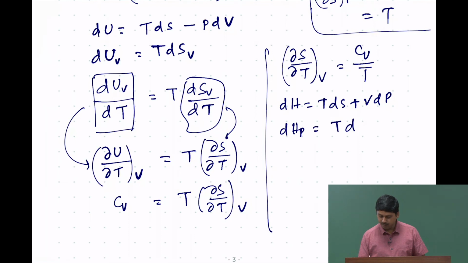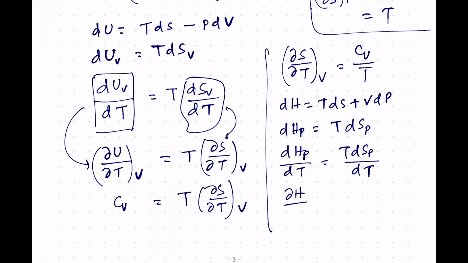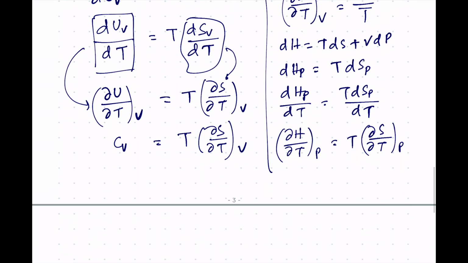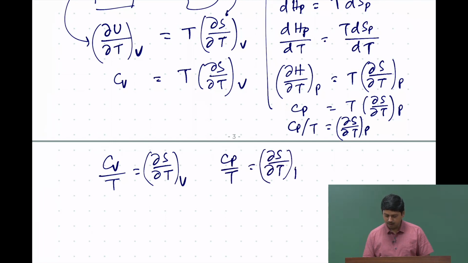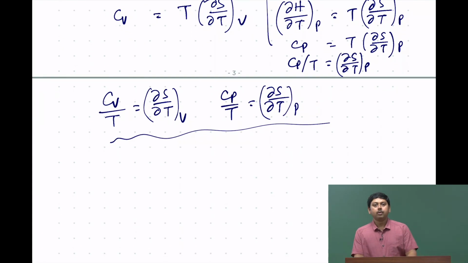So, we can write T dS at constant P, divide by dT on both sides, and write it in del form, and by definition it is Cp. Therefore, Cp by T is del S by del T at constant P. So, we got that Cv by T is del S by del T at constant V, whereas Cp by T is del S by del T at constant P. So, we have seen how the change in entropy with temperature at constant volume and pressure gives rise to the specific heat divided by the temperature.